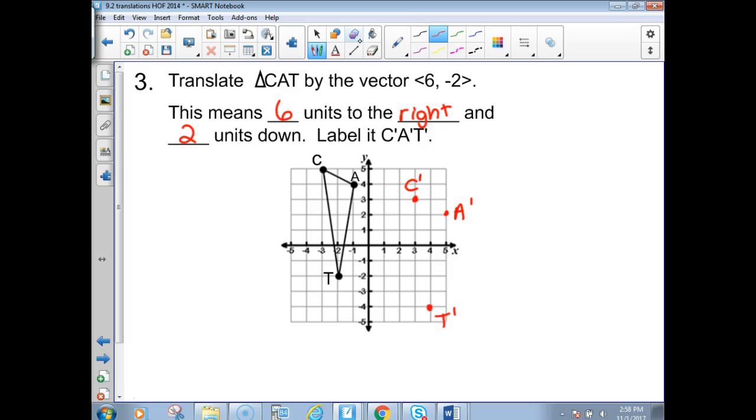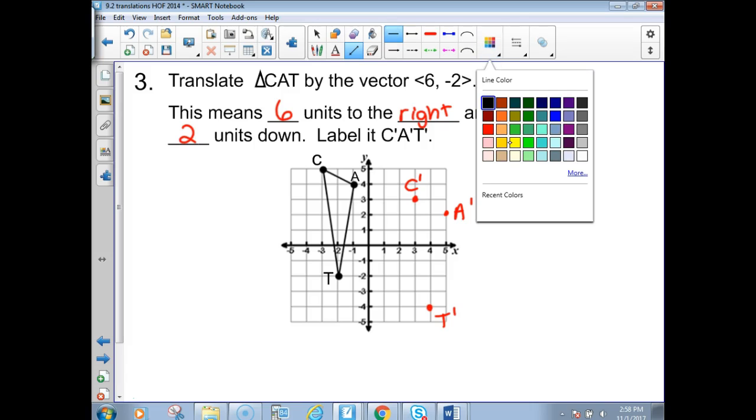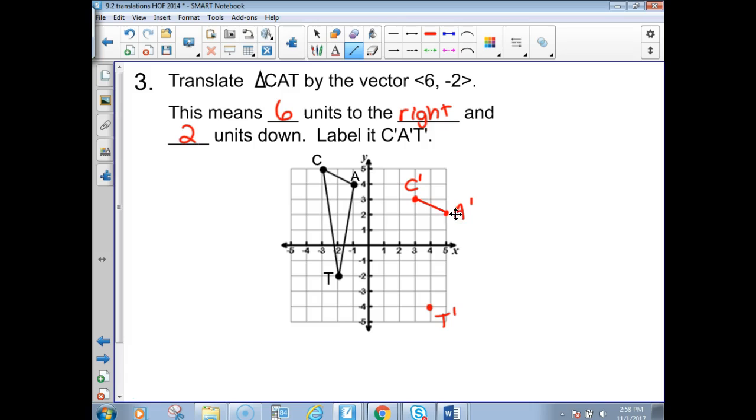T prime. Then we just grab our straight edge, or we have a fancy tool like I do, and make the segments. Cat's been translated 6, -2 by the vector 6, -2.